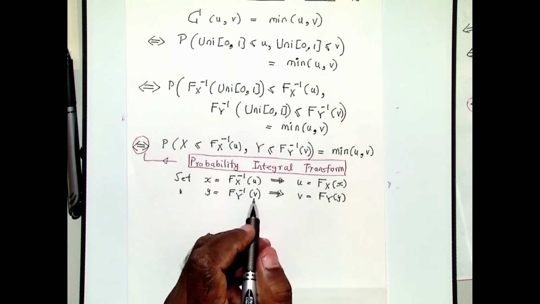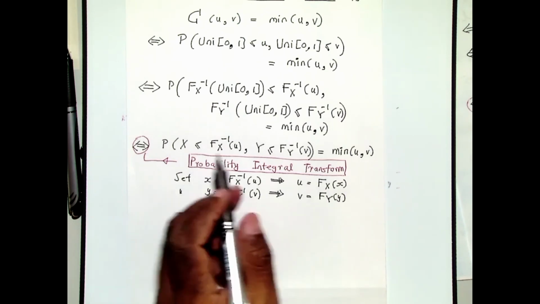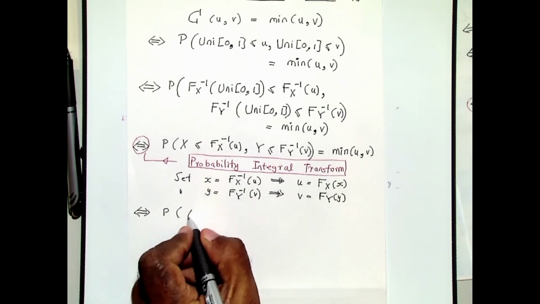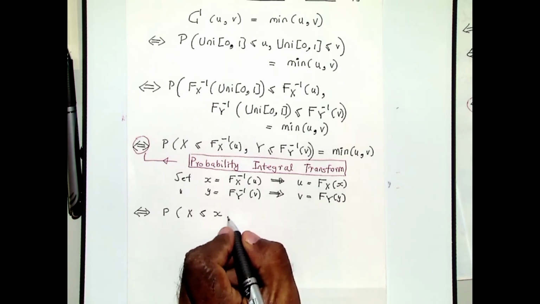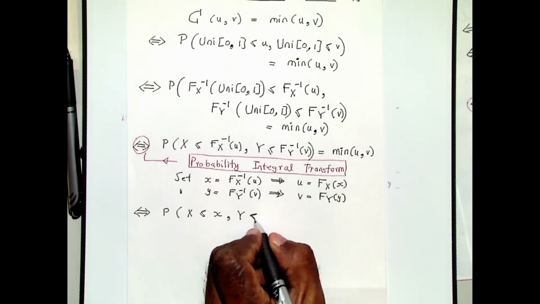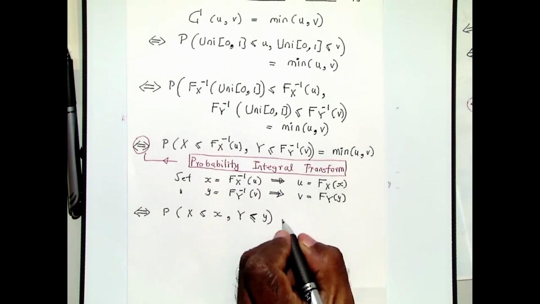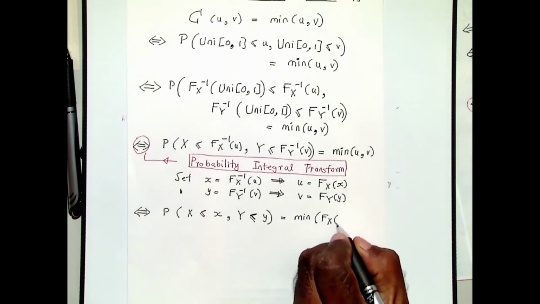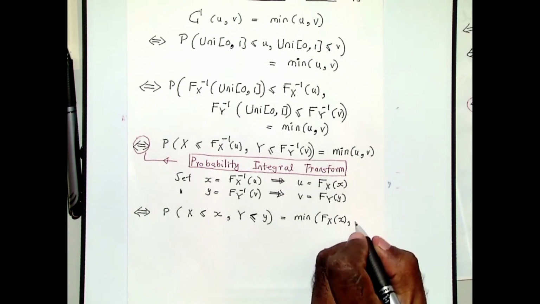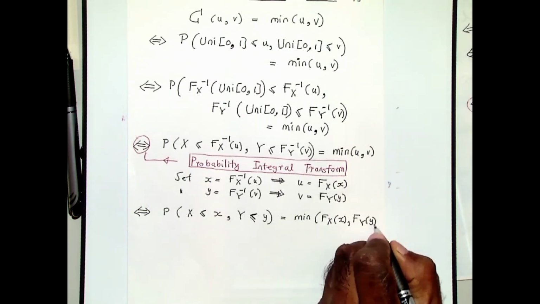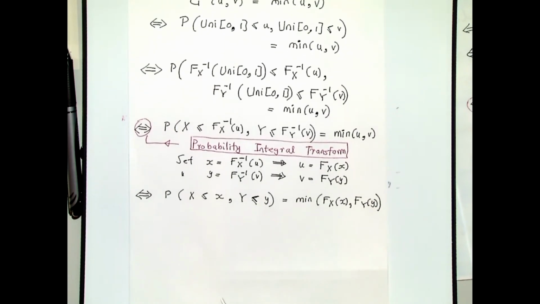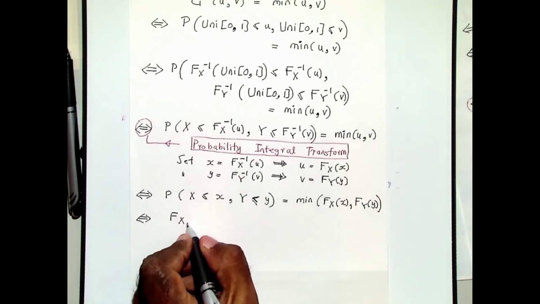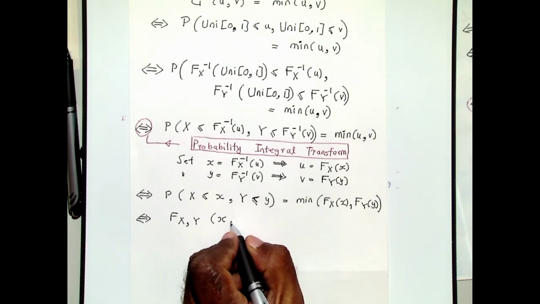Under this transformation, this statement can be written as the probability that X less than or equal to little x, Y less than or equal to little y, of the minimum of the marginal CDFs, and the left-hand side can be written as the joint CDF of X comma Y.